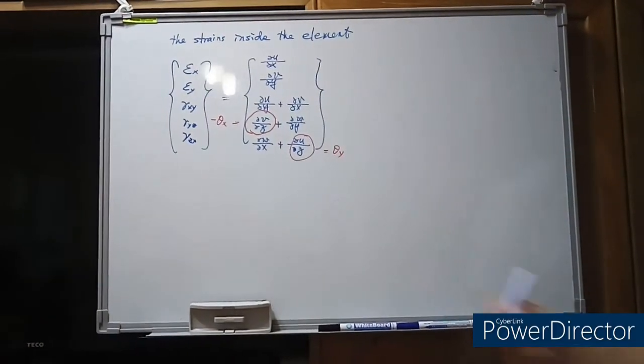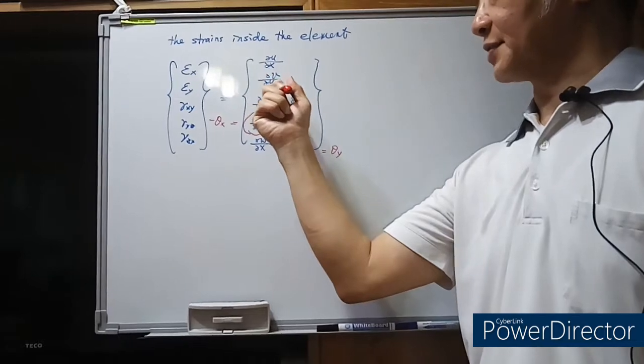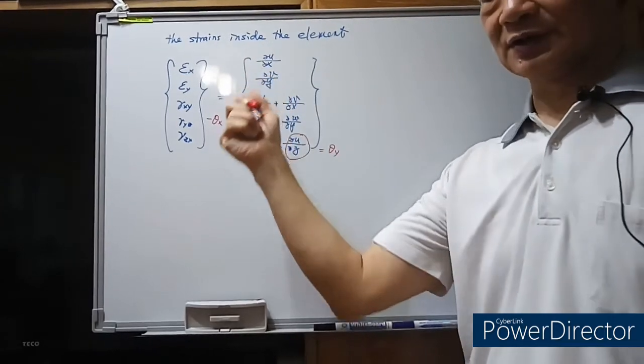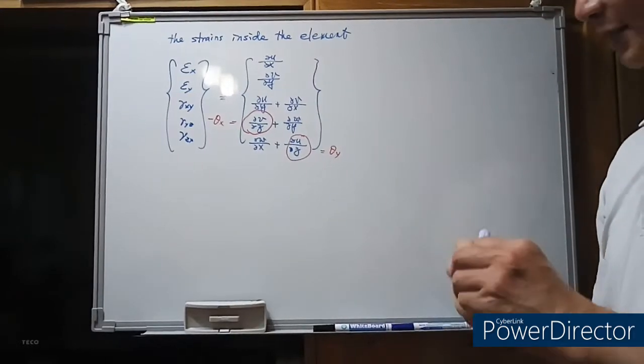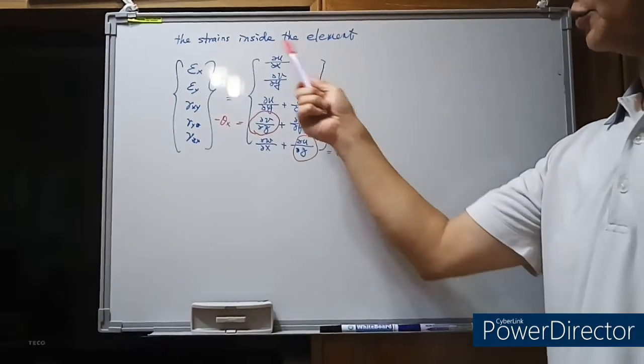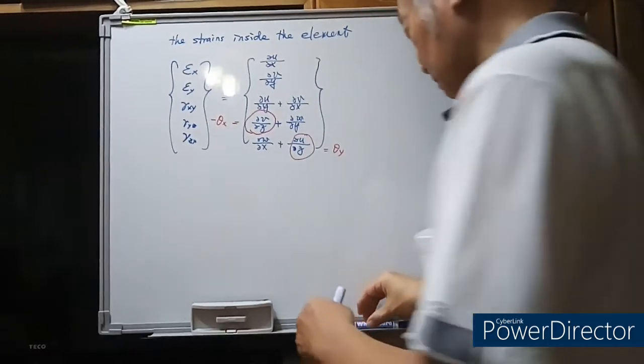Okay, and we need to use the assumed displacement functions to calculate the other terms. Let's take an example. How can we calculate the partial u to partial x?